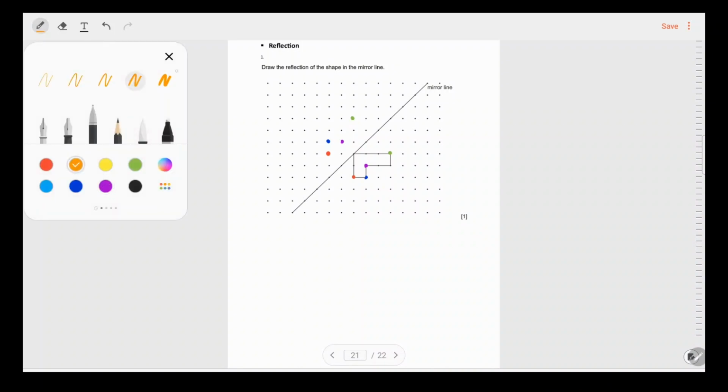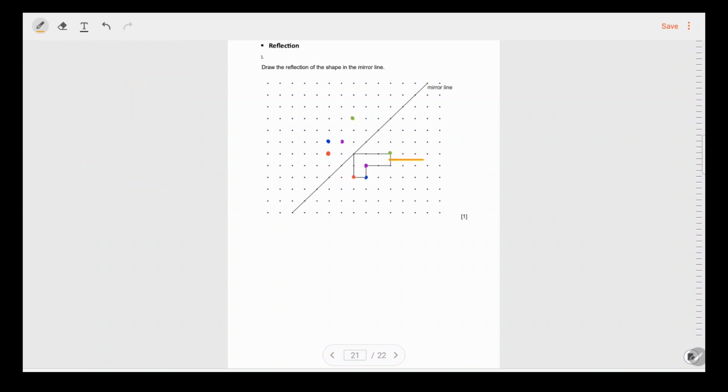Then I'm going to reflect one more point, which is this. So this point is 1, 2 squares away from the mirror line.